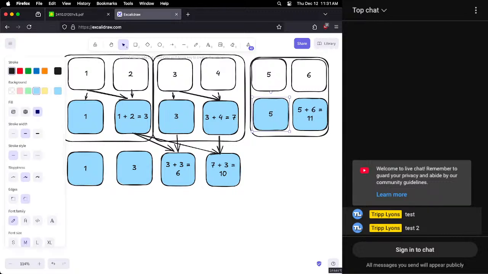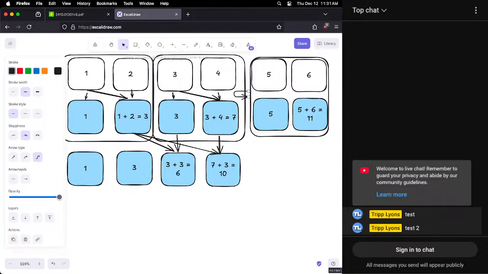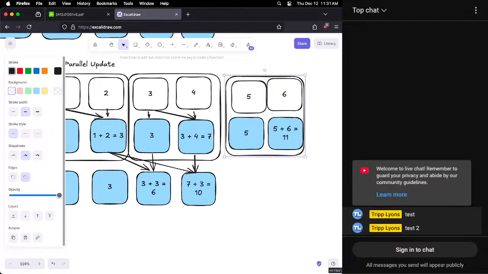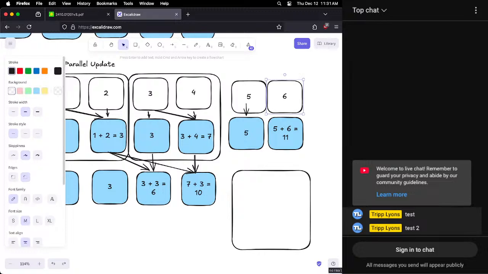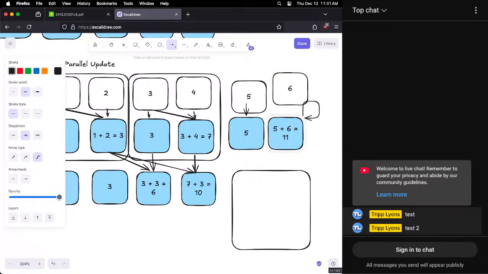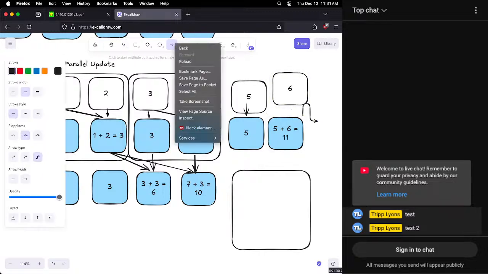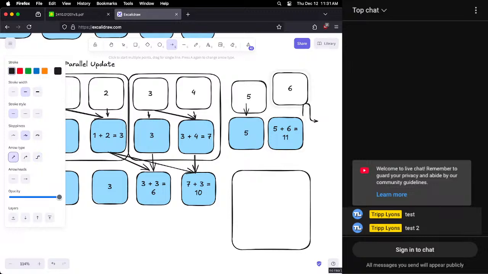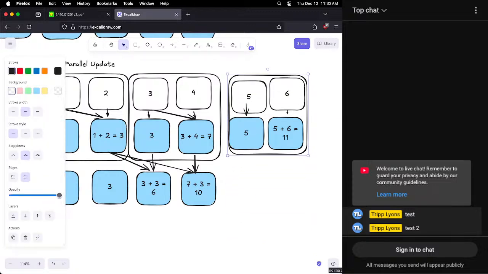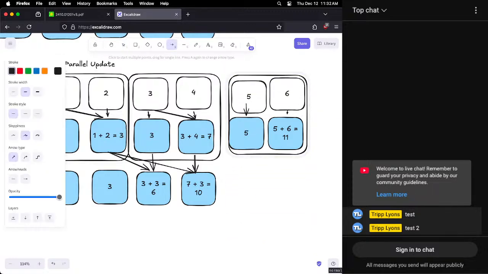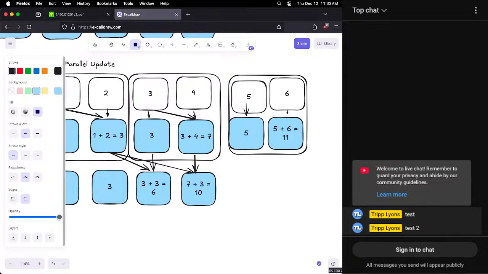Oh, it's the wrong arrow type. These can get the information.